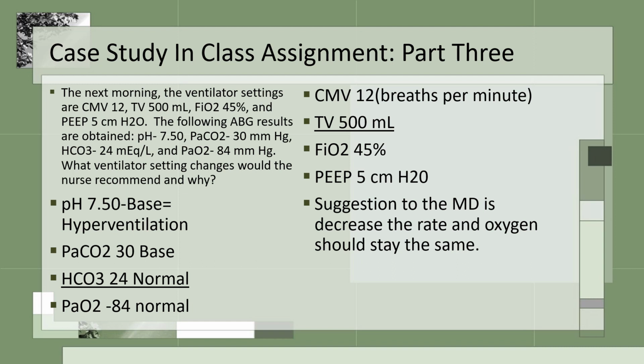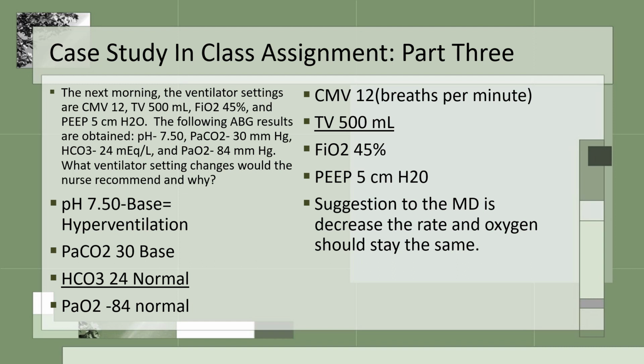So I always draw my lines. The first 3 are your acid base, right? And those control the rate. Our rate of breaths is 12, but that's saying the patient is hyperventilating. So we will suggest to the doctor to decrease the rate. I know it's 12 breaths a minute and you're thinking that's not enough.